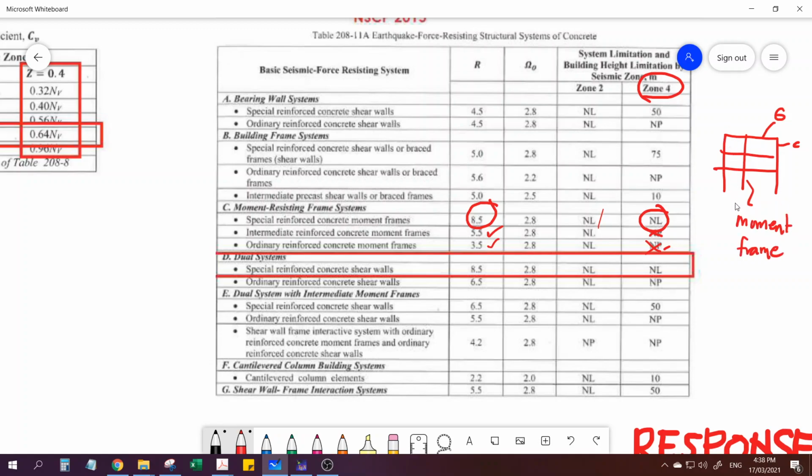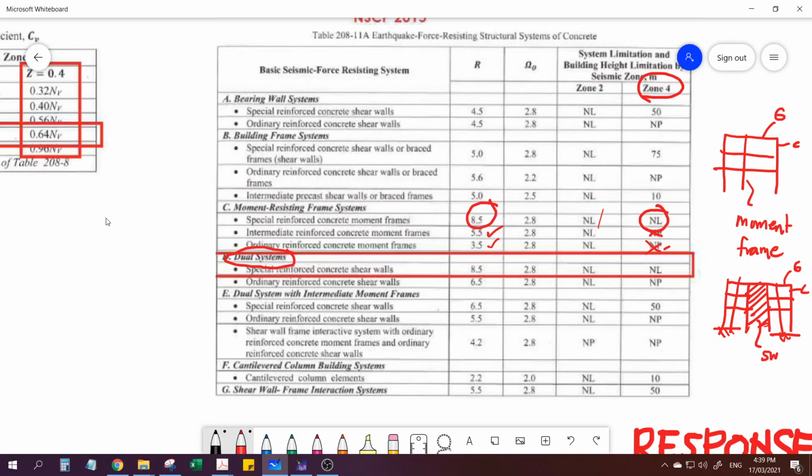In case there will be shear wall, say you have shear wall, it's now a combination of moment frame, girder and column, plus the shear wall. So it's now dual system. So in our case, we are only using moment frame, girder and column, so that is 8.5.